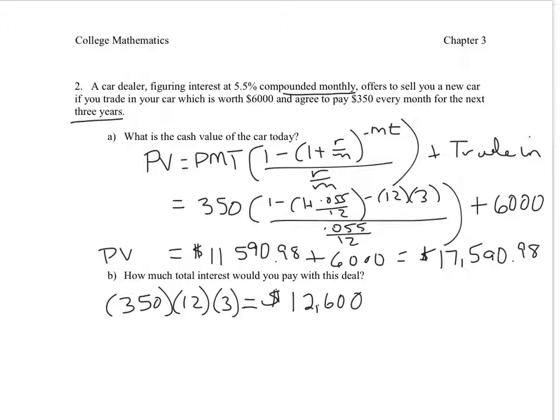Now, the present value of those payments was $11,590.98. So you have actually paid $1,009.02 in interest.